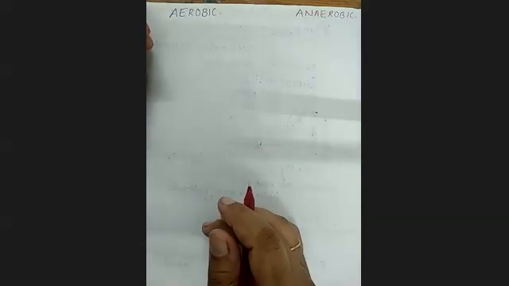Let's study them in the form of differences. Then it will be clear to you and you will have a summary of the chapter first of all. So let's begin with their names, what they suggest to us.